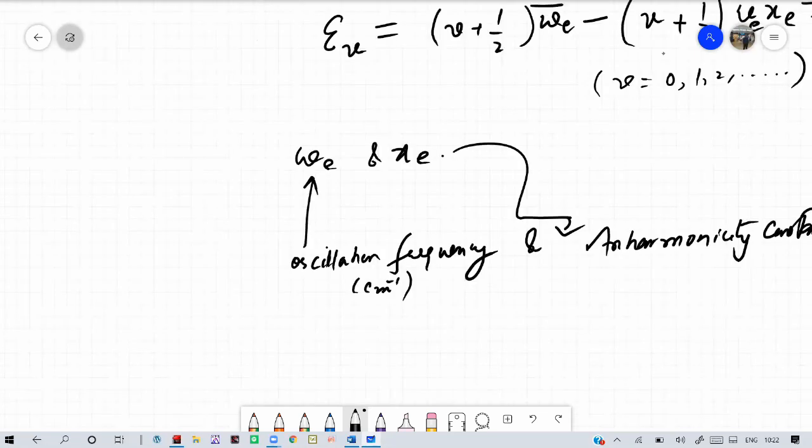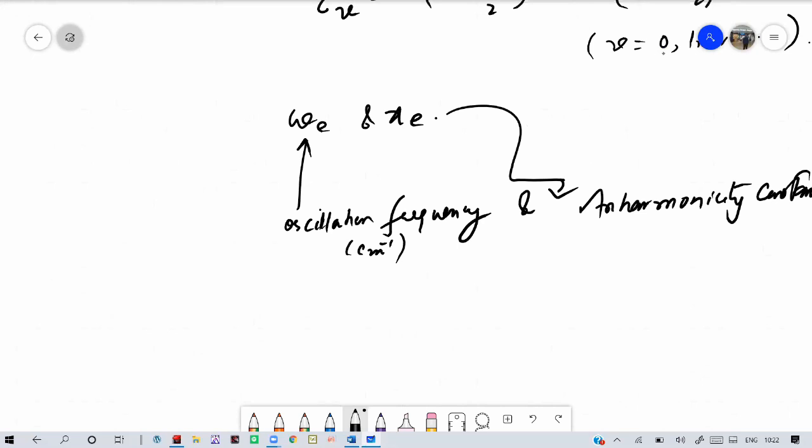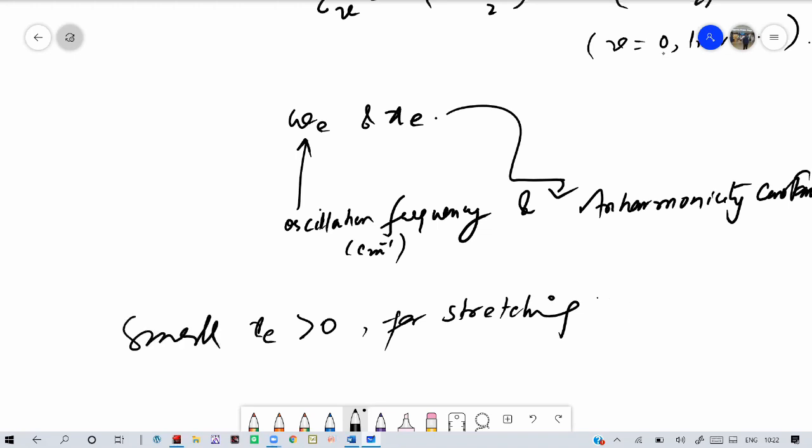And if there is a stretching, it is positive. So X E is greater than 0 for stretching, when we stretch a bond due to anharmonicity, and it is small. Small X E, that is X E is approximately equal to plus 0.01, a very small value.